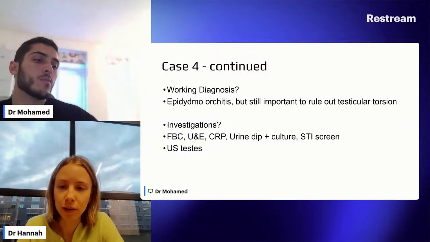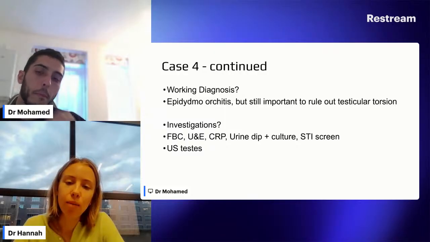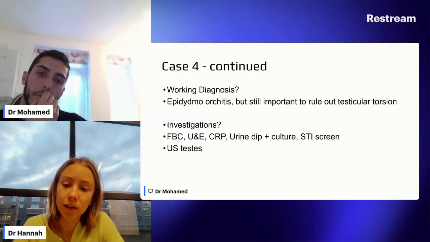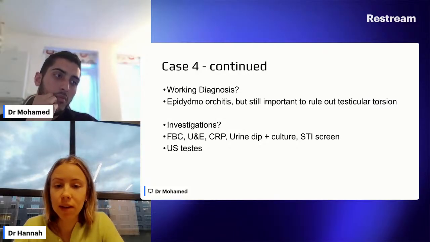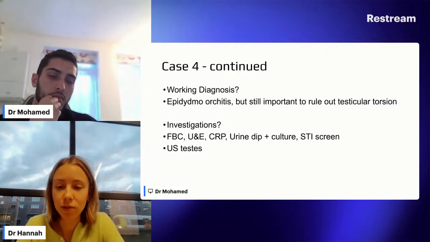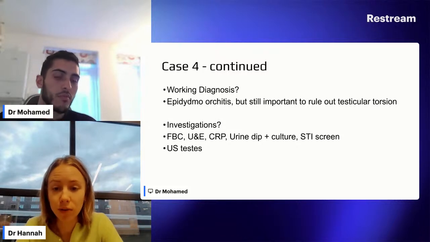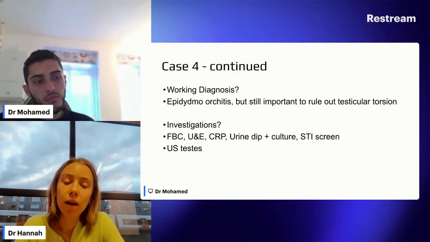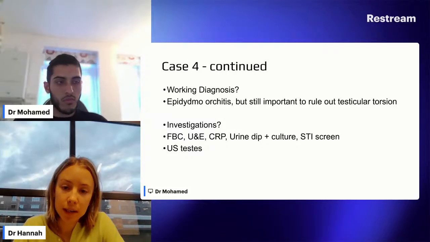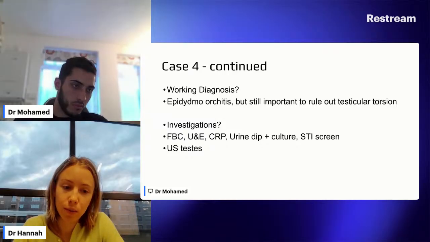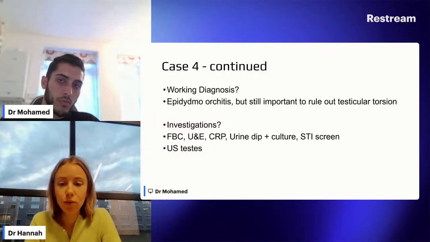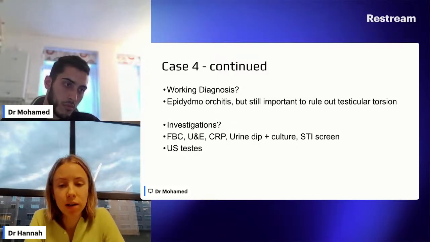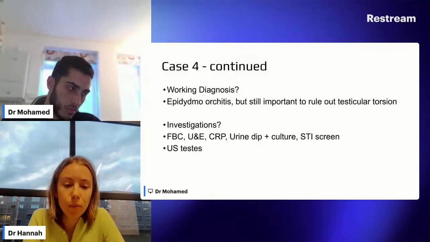And that probably would have been done for you already if you're in A&E. Urine dip and culture, that's really important, and an STI screen, because this is driven by an infection and you want to know what infection to treat. Ultrasound testis. So why would we do that? Anyone from yesterday or any newcomers want to put that in the chat?